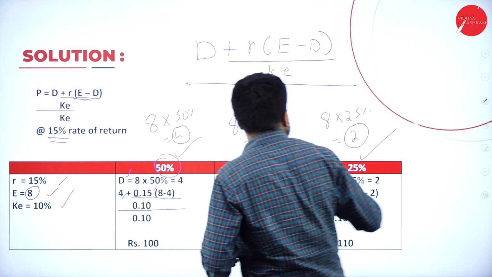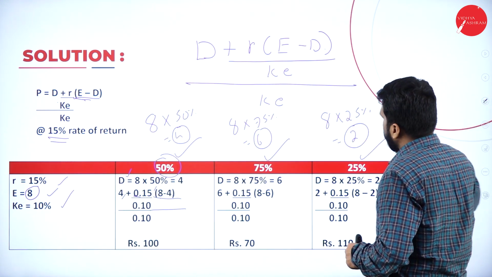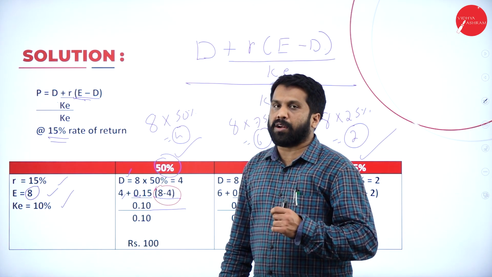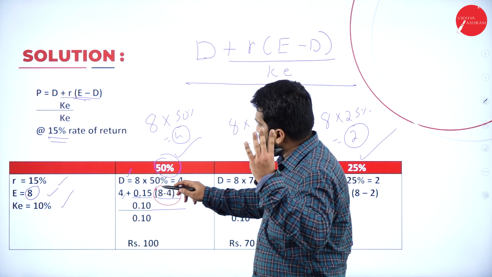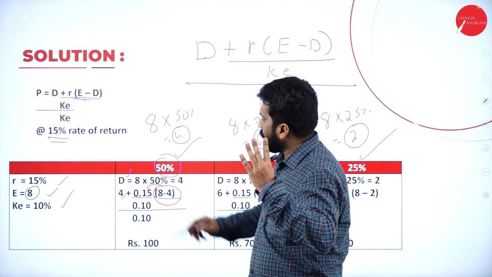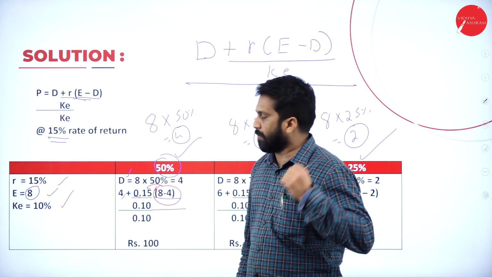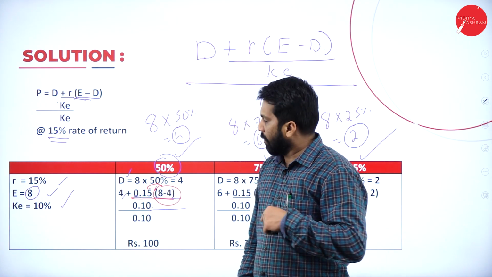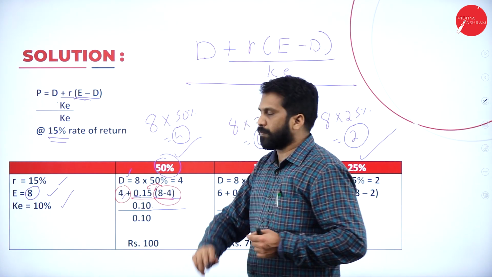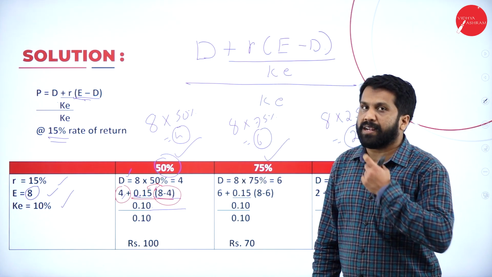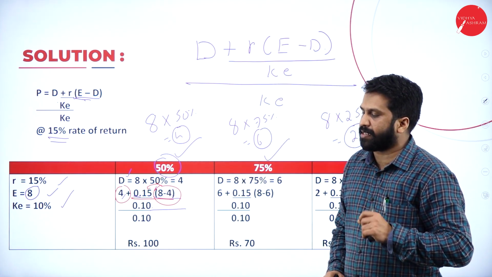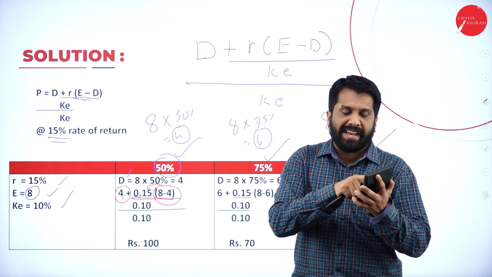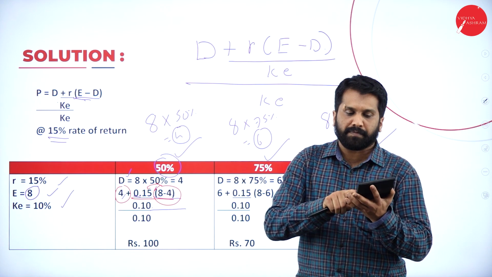Now, how to calculate? I'll show you. First, you calculate 8 minus 4, which is 4. Then 4 into 0.15, then divide by 0.10, plus 4. Clear? Again, I'll repeat. Please take your calculator. First, do 8 minus 4.